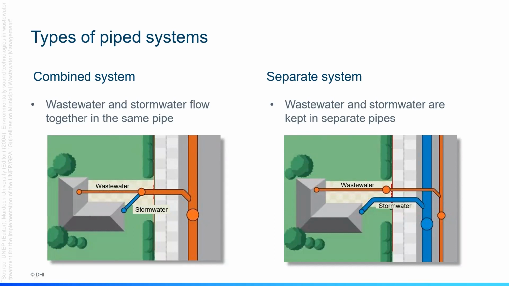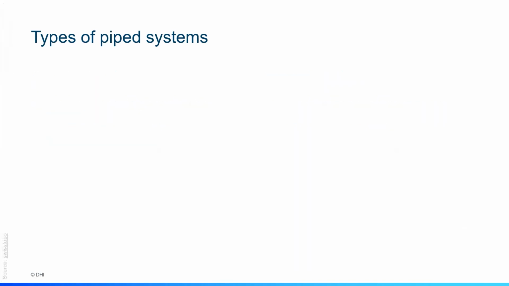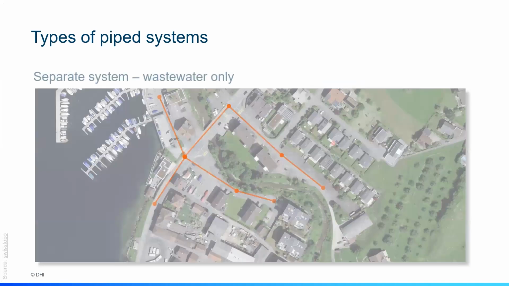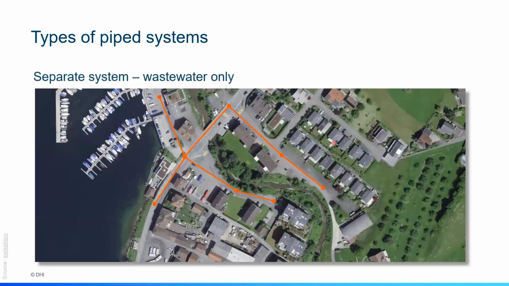Yeah, so the separate system is the other traditional system, but already if we look at the separate systems, we don't cover the full picture. In the next slide, you see an orthophoto, and here foul sewer, and the roofs here.